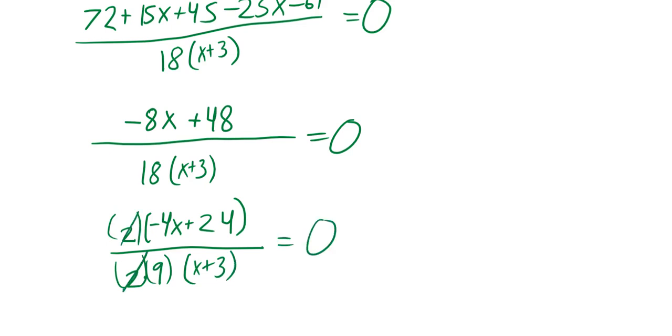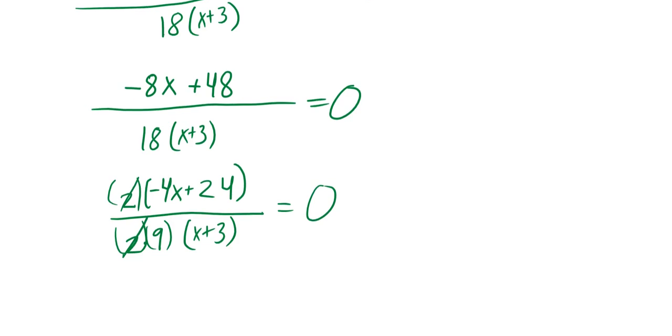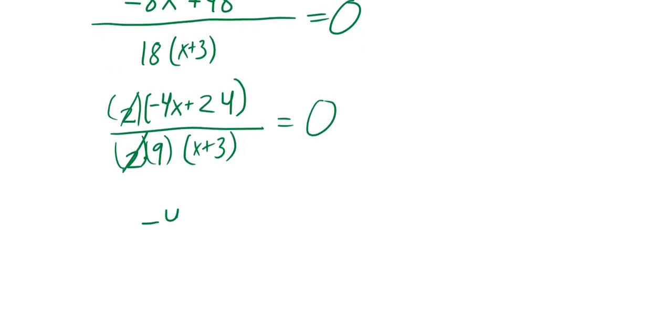If I cancel out my 2's, I am left with negative 4x plus 24 over 9 times x plus 3. I could factor more out at the top, right? There's a GCF of 4 or negative 4. I don't need to factor it out. I'm not going to, just because I see that's not going to cancel with anything on bottom.